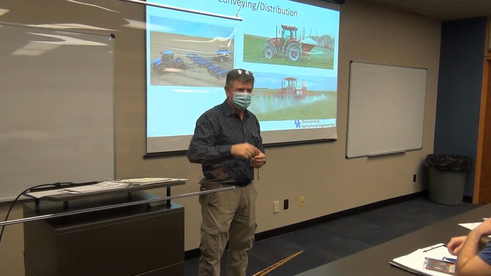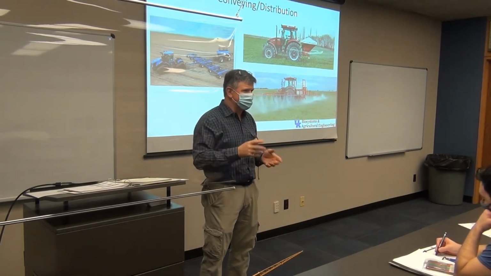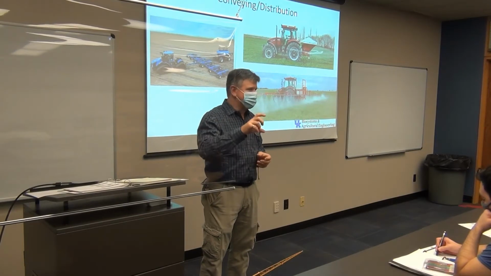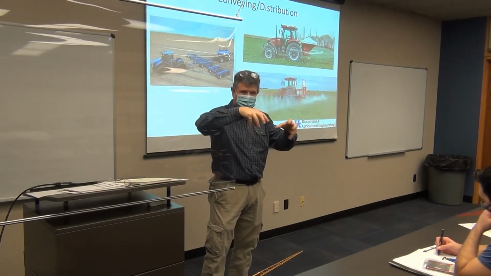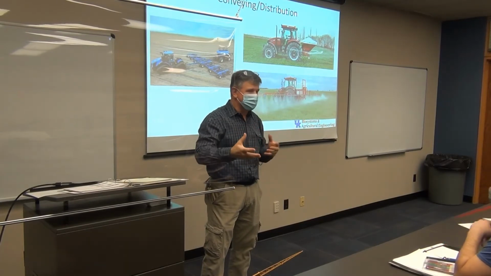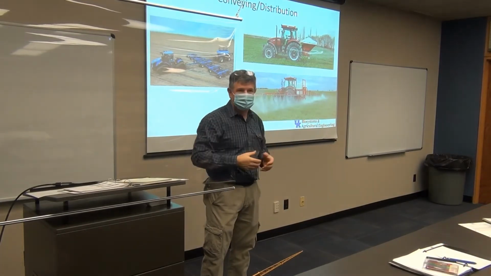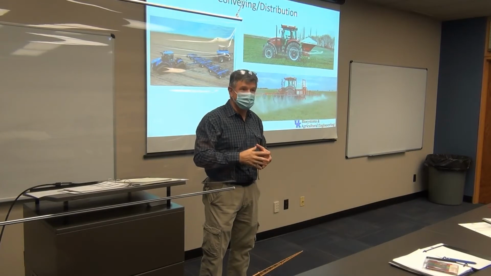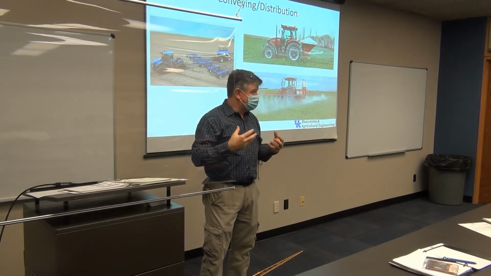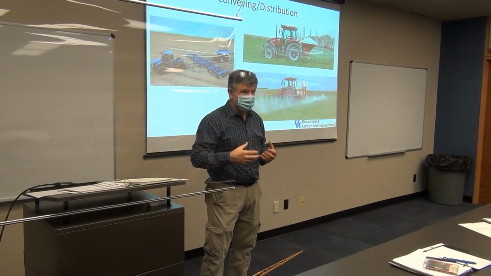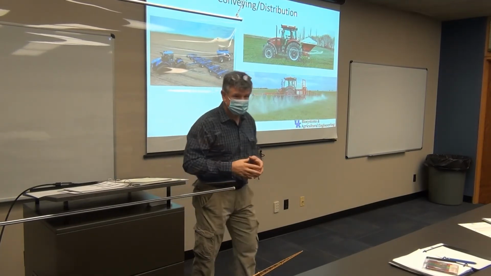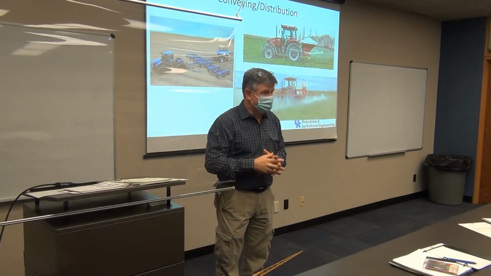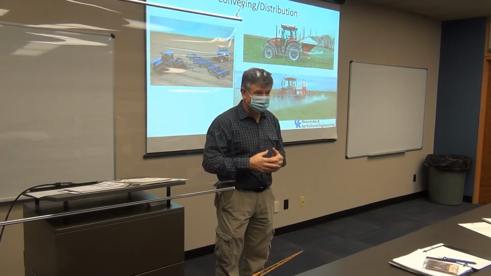We'll look at some different nozzle technologies tomorrow, things that help us reduce drift and control the size of droplets coming out, where they're going and where they're not going. It's a big deal for operators managing these machines to know what's the right nozzle to put on there and how to use it.